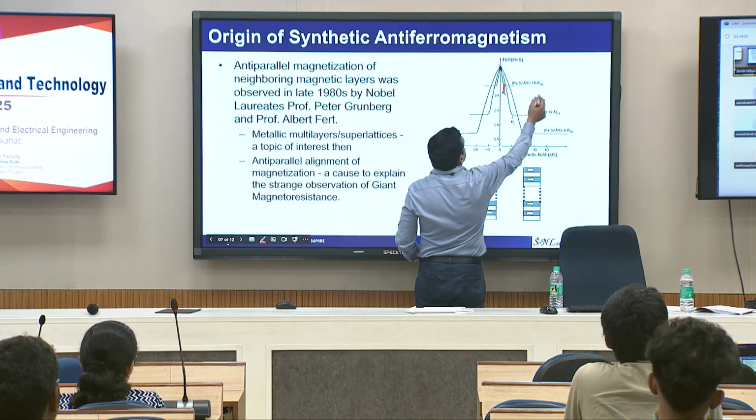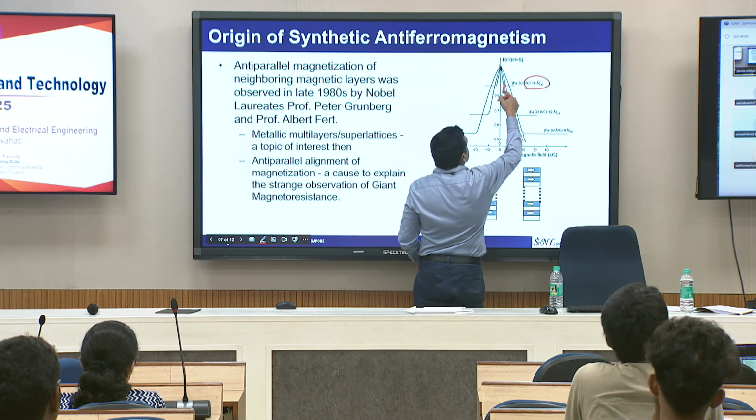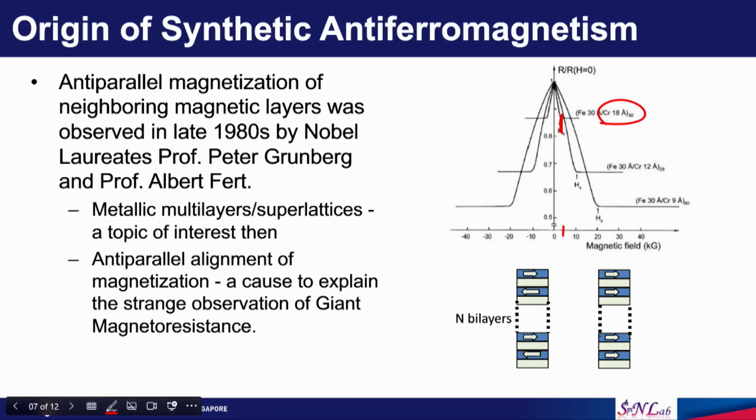For chromium 18 the saturation happens somewhere here, chromium 12 the saturation happens somewhere here, chromium 9 the saturation happens here. That is because with respect to the chromium thickness you may have some oscillatory coupling.